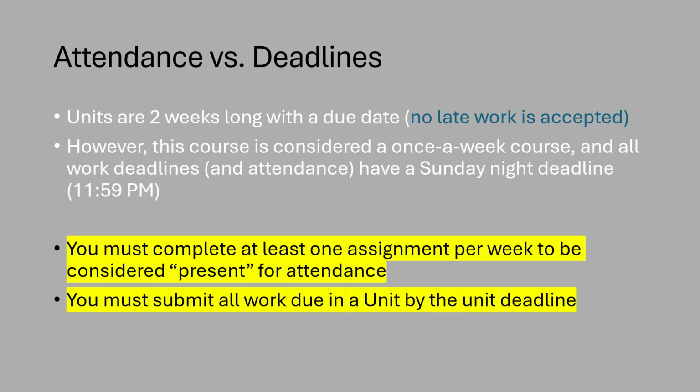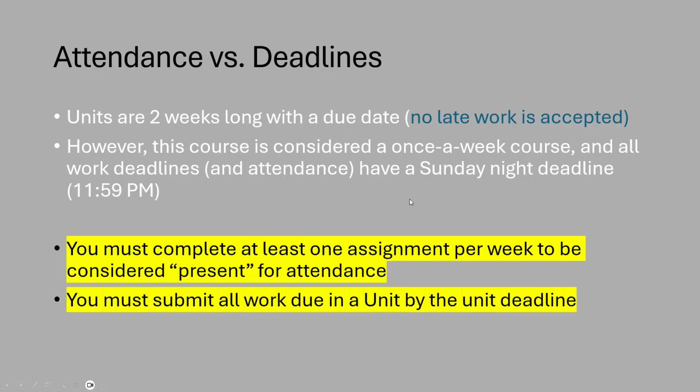So just to reiterate the difference between attendance and deadlines, the units are 2 weeks long with their own due date, and no late work will be accepted from them if the due date has passed. However, the course is considered through Coastal a once-a-week course, and you must submit at least 1 assignment that earns a grade per week to be counted as present in the class.